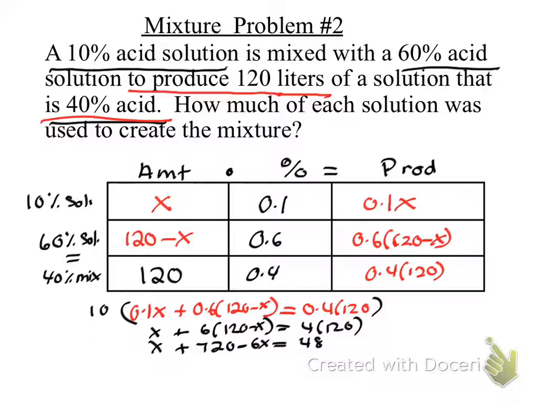And now, subtract 720. We have negative 5X. 720 minus 480 is negative 240.